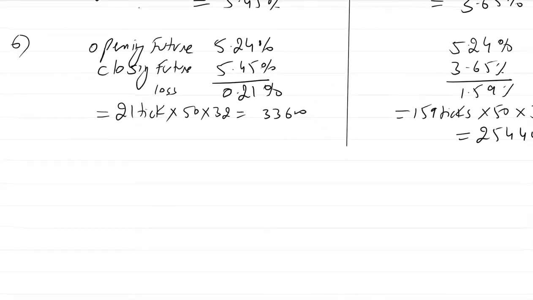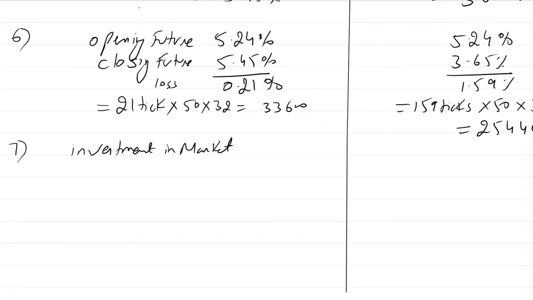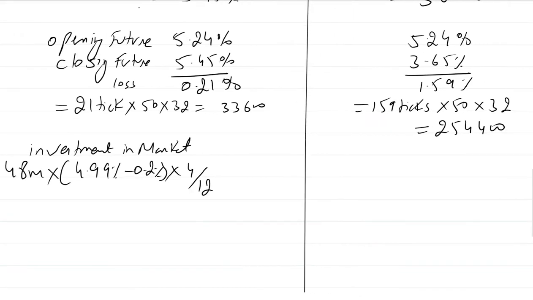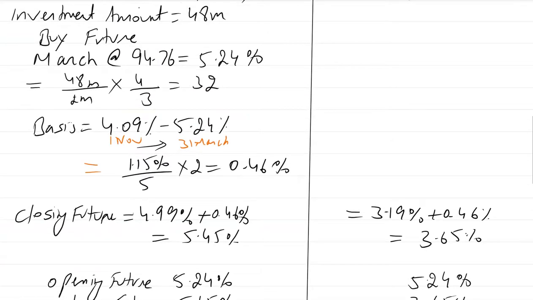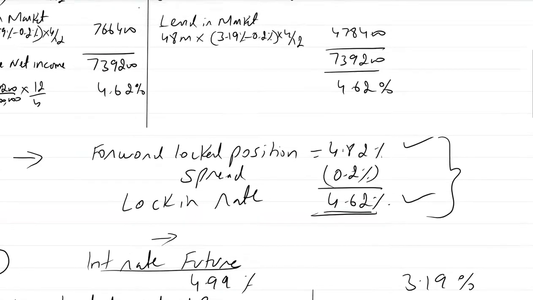So the last step is investment in the market, and that is you will invest 48 million in the market at 4.99%, but spread is negative, so deduct the spread for 4 months. And here this will be 48 million into 3.19% minus 0.2 into 4 by 12. You have already done that part in the forward contract. Let's copy that.